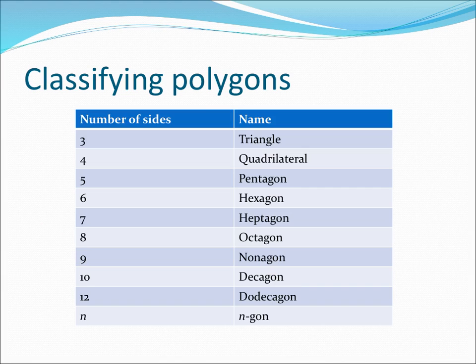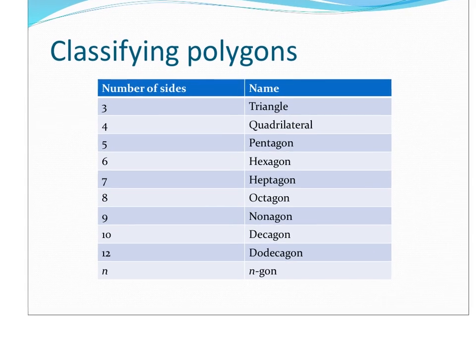Next, classifying the polygons. They all have special names based on the number of sides in each polygon. Now, most of these you should be familiar with. The three-sided polygon is a triangle, 4 is a quadrilateral, 5 a pentagon, 6 a hexagon, 7 heptagon, 8 octagon, 9 nonagon, 10 decagon, 12 is a dodecagon, and anything after that, or even the 11, what you're going to see is they're just going to write the number.